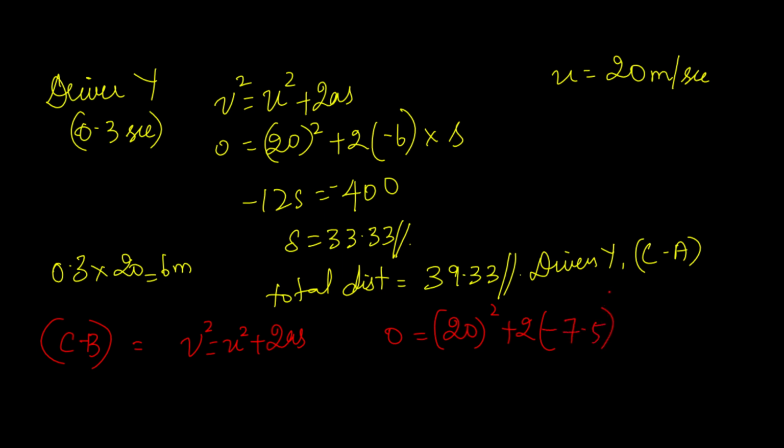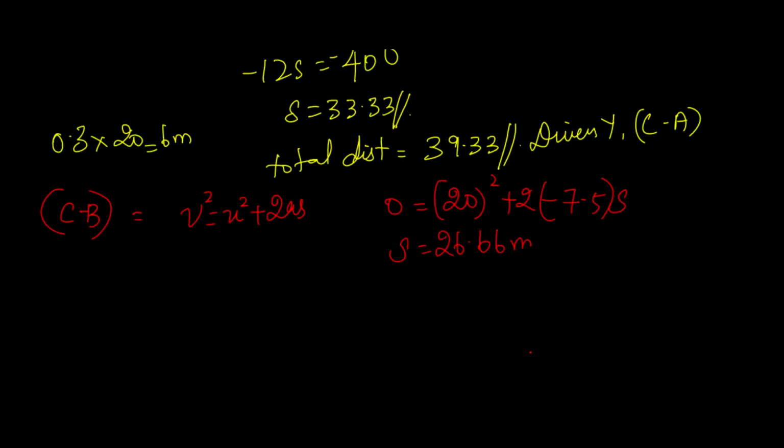For the braking distance, 400 divided by 15 is 26.66 meters.